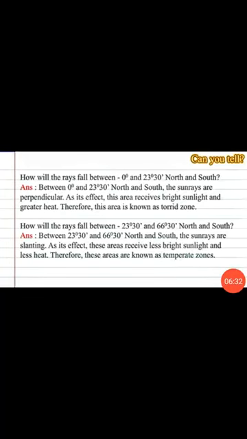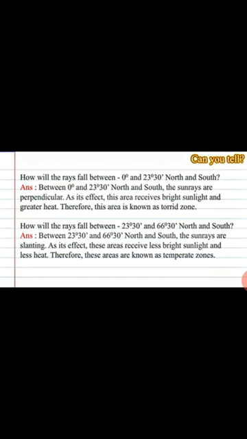So here the answer: between 0 degrees and 23 degrees 30 minutes north and south, the sun rays are perpendicular. As its effect, this area receives bright sunlight and greater heat. Therefore, this area is known as the torrid zone.